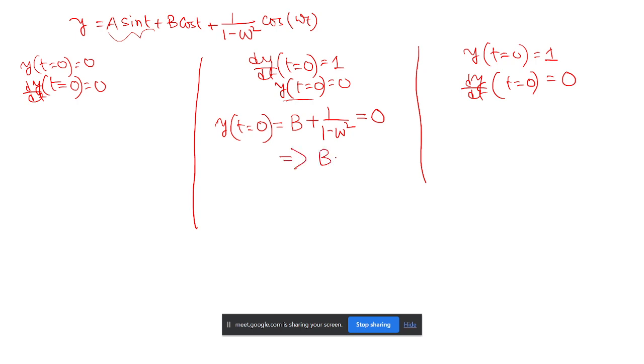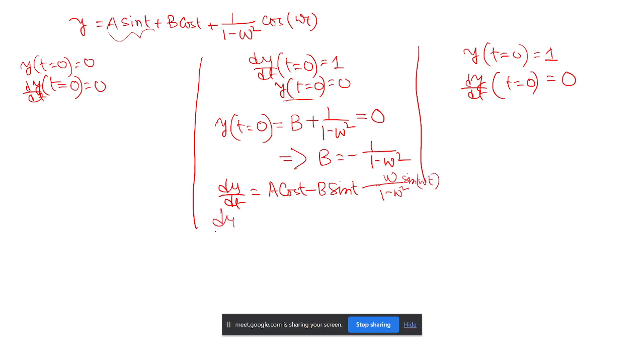From this we get our b coefficient, which is minus of this. And dy dt, let us evaluate this. It is a cosine t minus b sine t, and from the last term we will get minus omega by 1 minus omega square into sine of omega t.